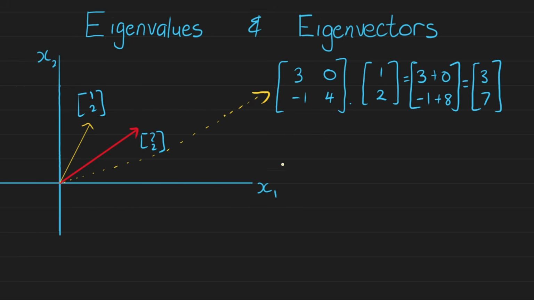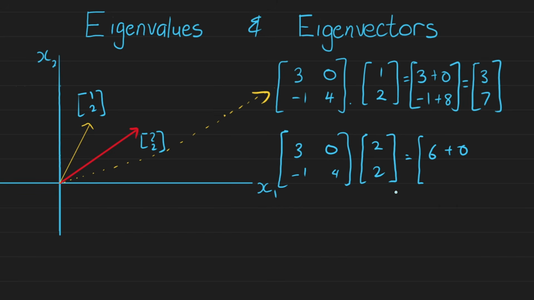If we now do the same thing to the red vector, we have 2 and 2, and we multiply it by this matrix 3, 0, -1, 4. What we get is 3 times 2, which is 6, plus 0, and then -1 times 2 is -2, plus 8.